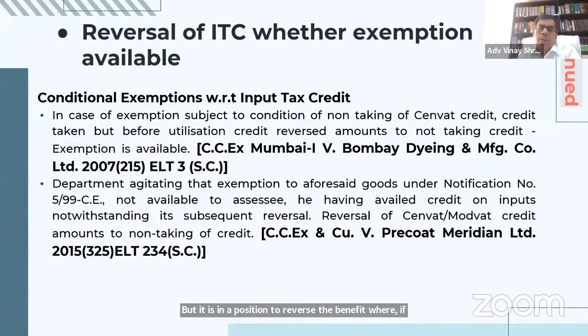Then whether in such a scenario the benefit of exemption will be given. Here there are two judgments of the Honorable Supreme Court which say that if the exemption was conditional and if somebody reverses the input tax credit, then it will tantamount to not even taking the input tax credit, and the benefit of exemption notification cannot be denied in such a scenario.